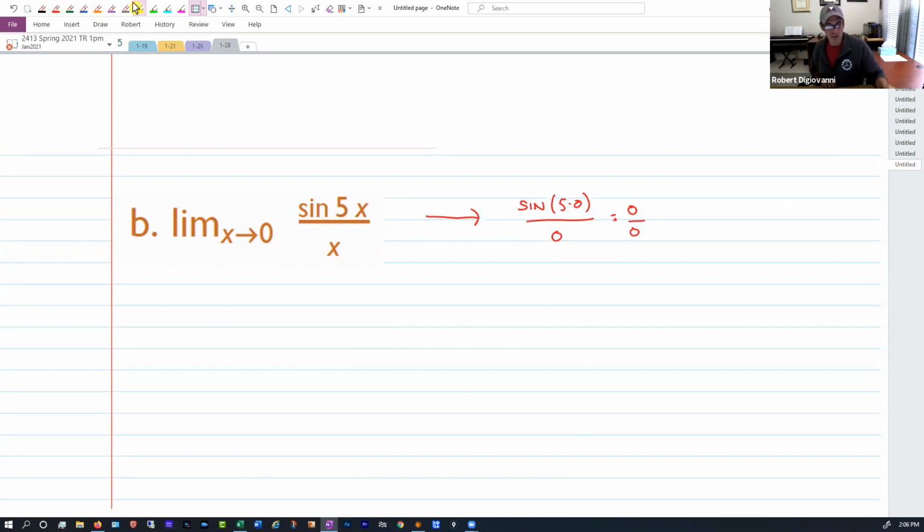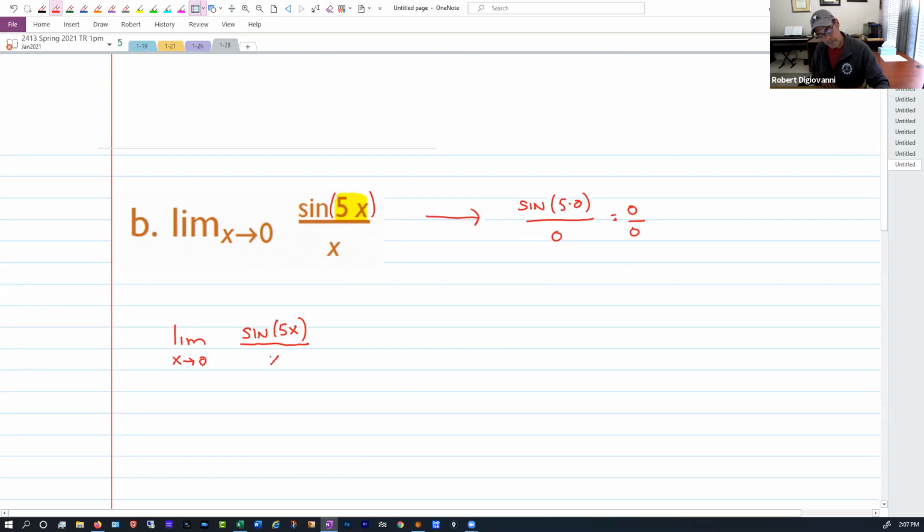Maybe I didn't stress that enough, but for us, the junk is going to be the 5x. Now, do we have the junk on the bottom? No, right? It's just x, not 5x. Agreed? If it was 5x, you'd be done, wouldn't you?